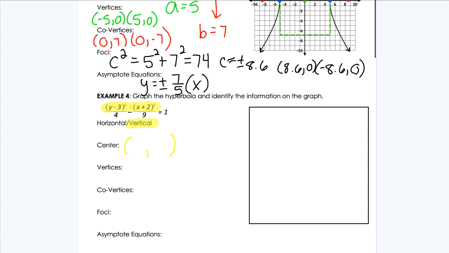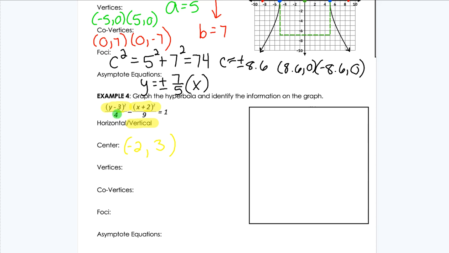Looking at the number attached to x, it says plus 2, so remember that's a minus 2 because the formula is x minus, so that would be x minus a negative 2. And the number attached to the y is a 3, so my center is at negative 2, 3. So I could plot that on my graph. And then I can start using my key information here.